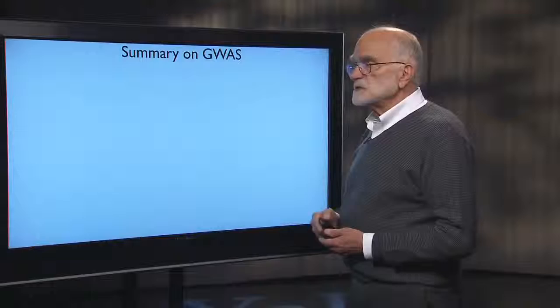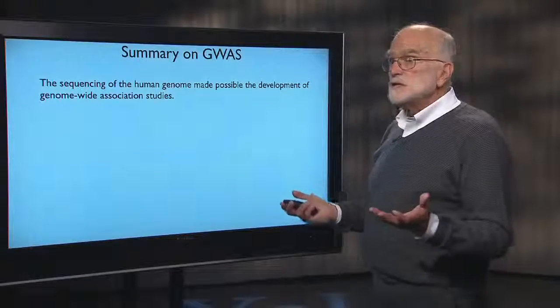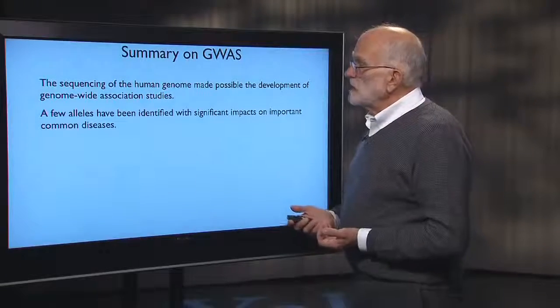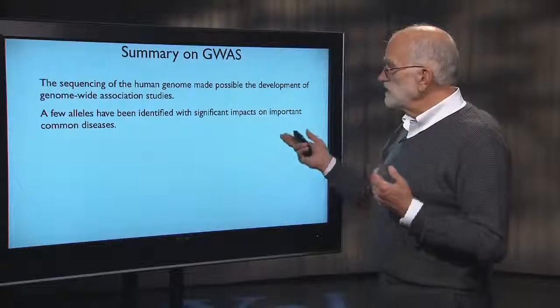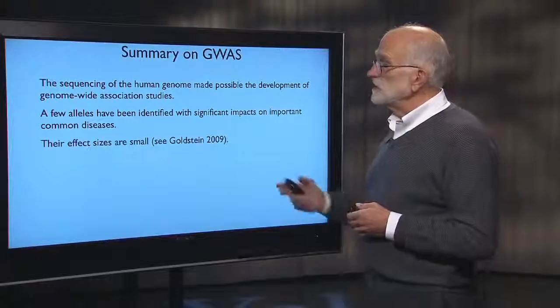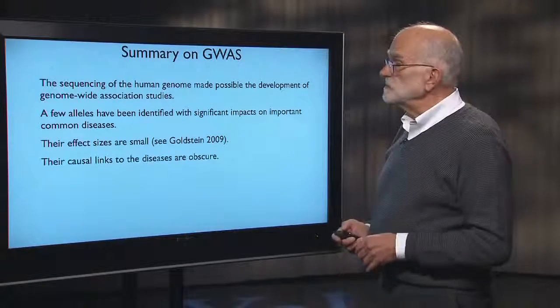So, an intermediate summary on genome-wide association studies. The sequencing of the human genome made possible the development of these studies. There have been a few genetic variants, alleles, that have been identified that have significant impact on some important common diseases, but their effect sizes are small. They aren't explaining too much of the variation.